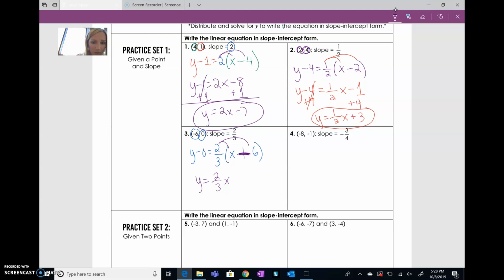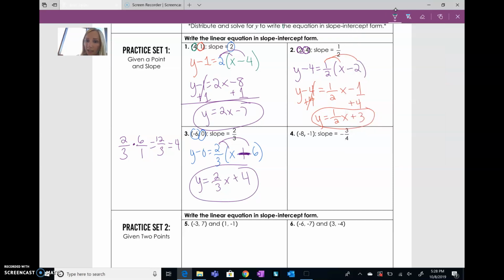And let's practice multiplying fractions. So 2/3 times 6, you put it over 1, and then you multiply across. So 2 times 6 is 12, 3 times 1 is 3, and 12 divided by 3 is 4. So 2/3 times 6 is a positive 4.